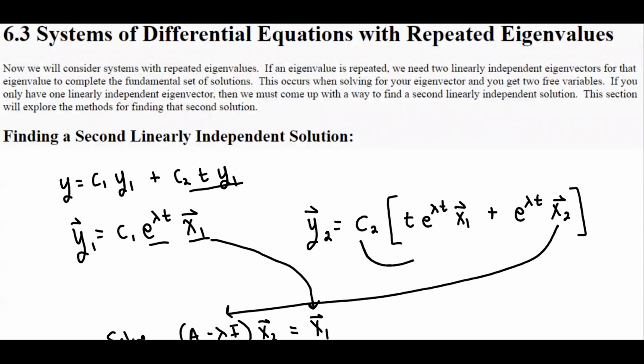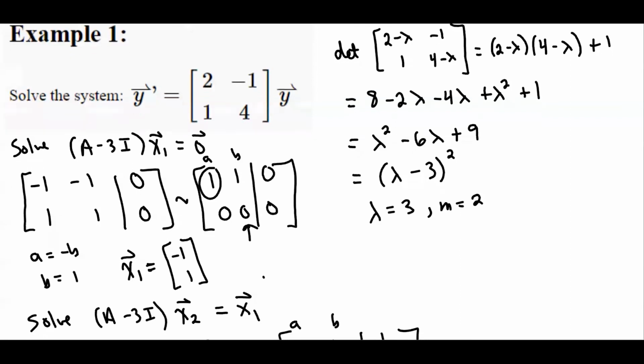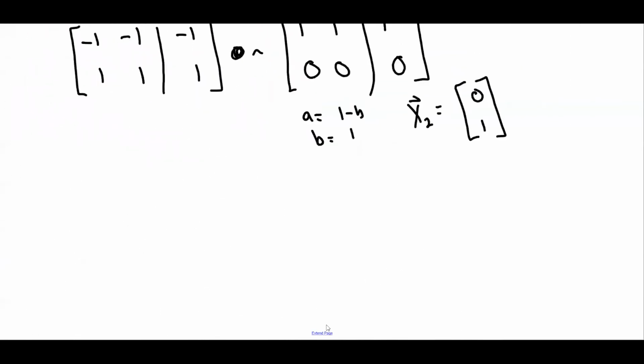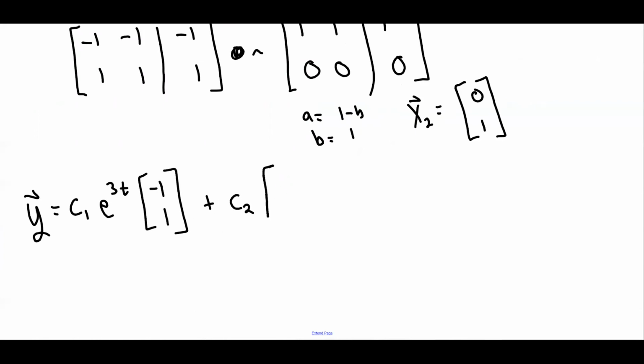So let's go back to our solution. y2 is going to be this whole thing, so we need x1 and x2 here. Let's just write the whole thing. We've got y equals, first solution is c1 e to the 3t times negative 1, 1, and then c2 times t e to the 3t times negative 1, 1.